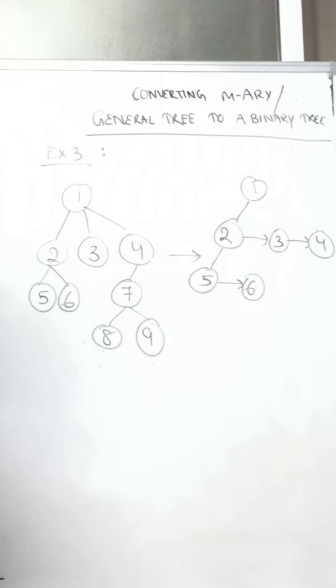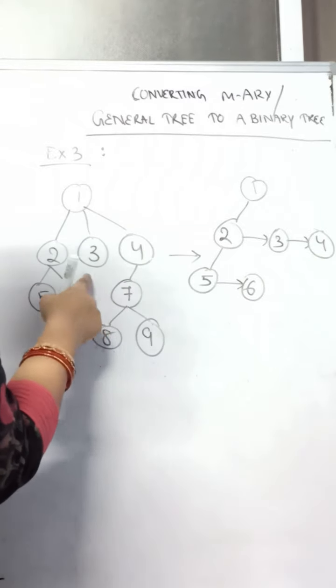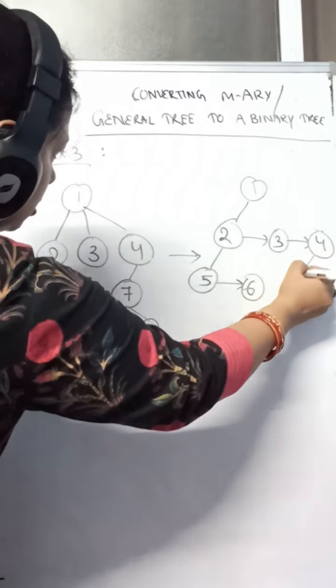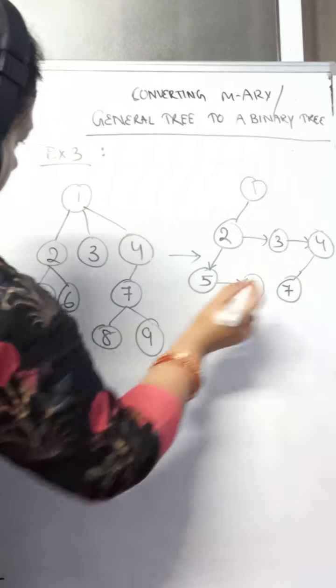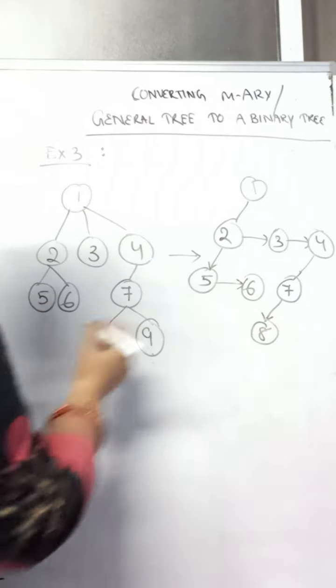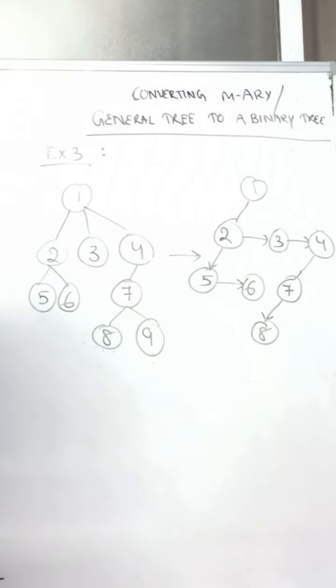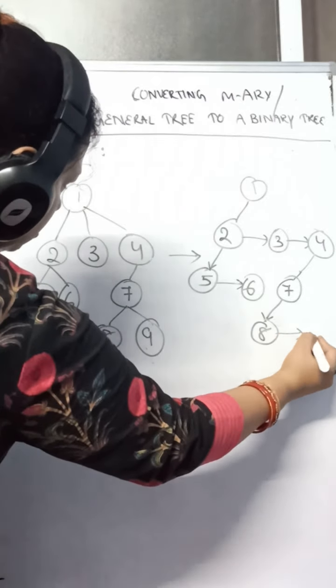Then 3 doesn't have any children, so 7. Again, 7's right is 8.